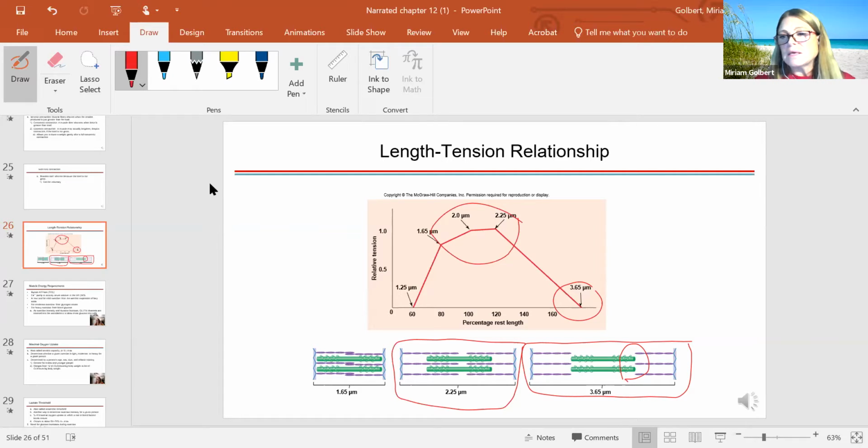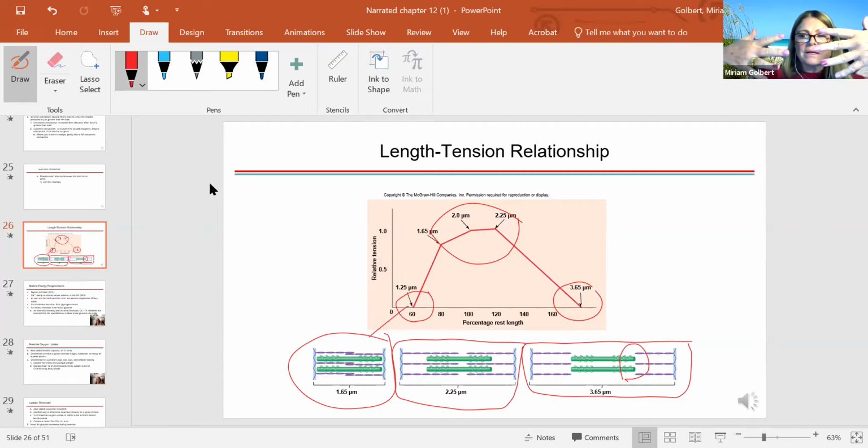Because there's no way that you can contract. Or if you are on the other end and it's so jammed together that still you don't create tension either. So it's either jammed or too far apart. It has to be just right so that you can do that sliding mechanism.